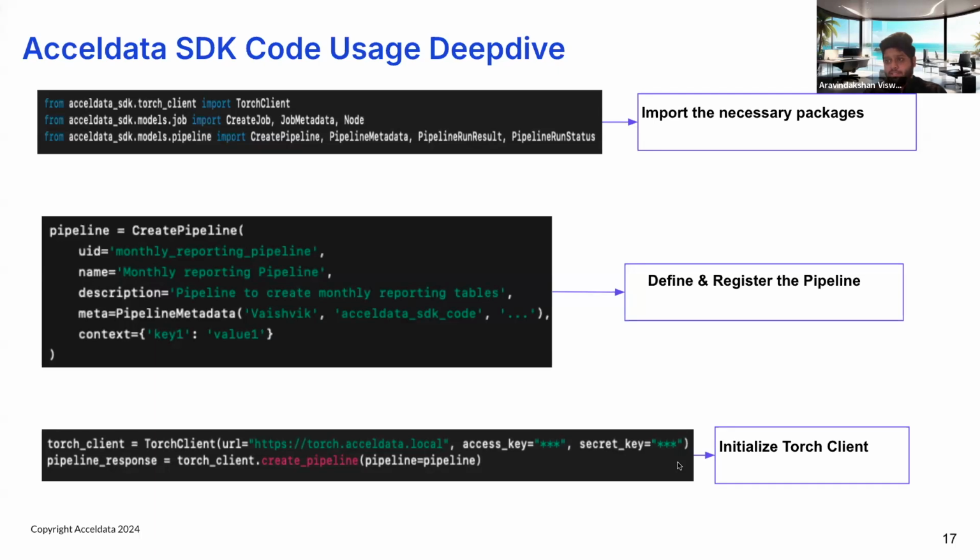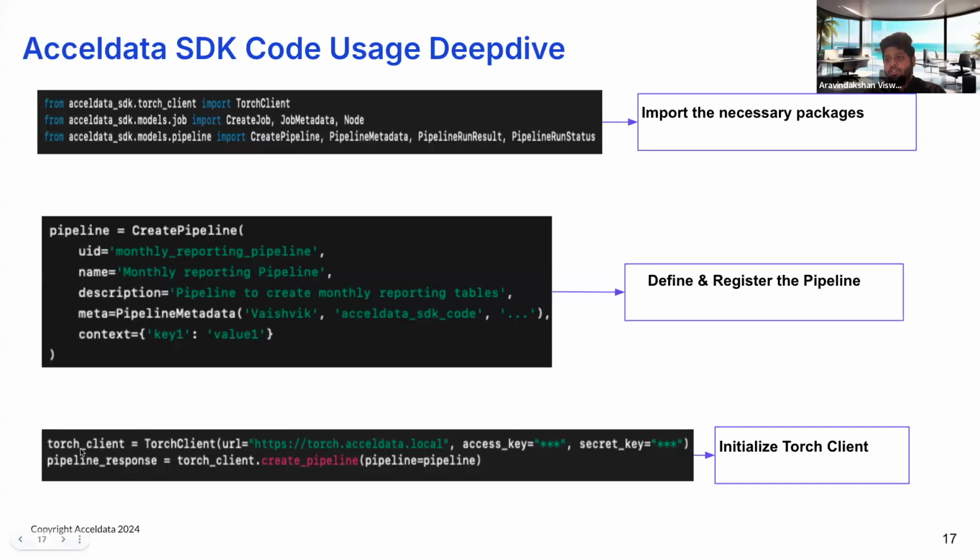And the third step is, in order to connect with AccelEdge, we'll have to generate the API keys, and those access keys can be leveraged to connect to the Torch client. So this makes sure that the connectivity with AccelEdge is established.